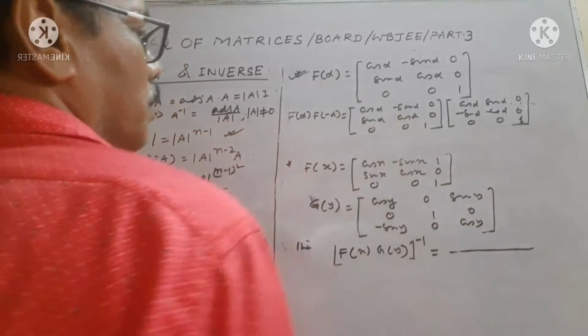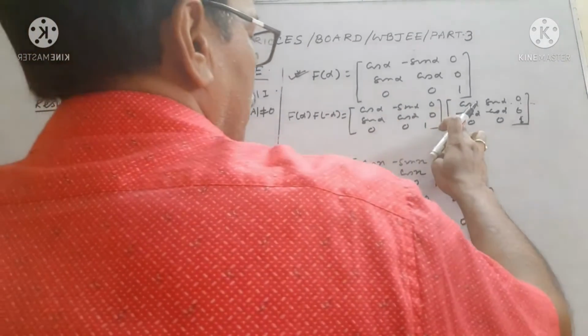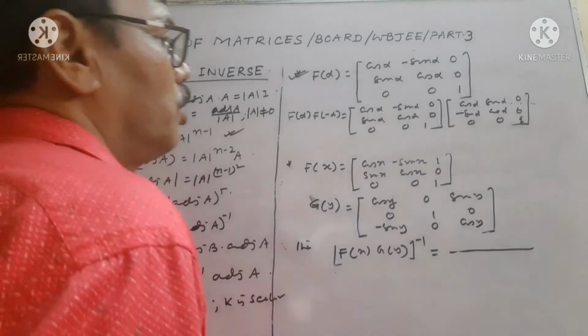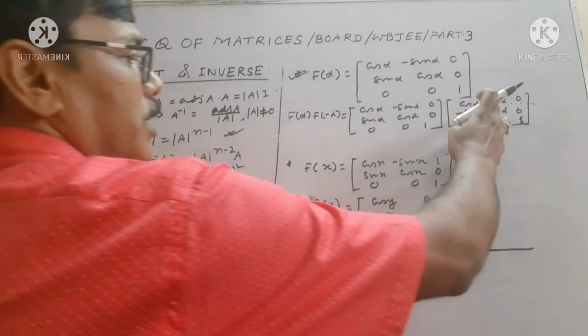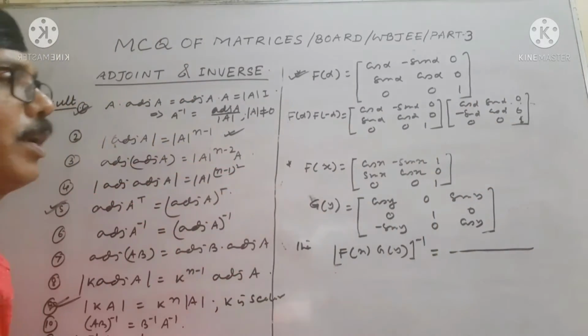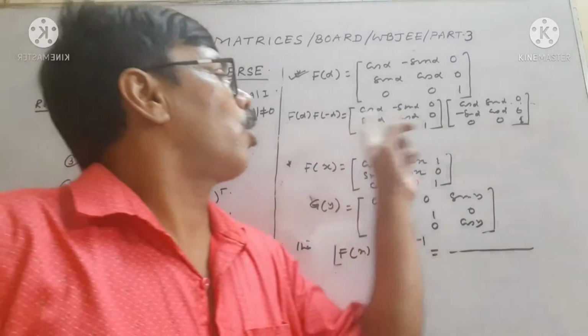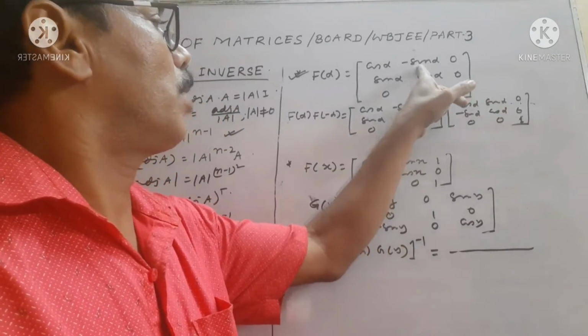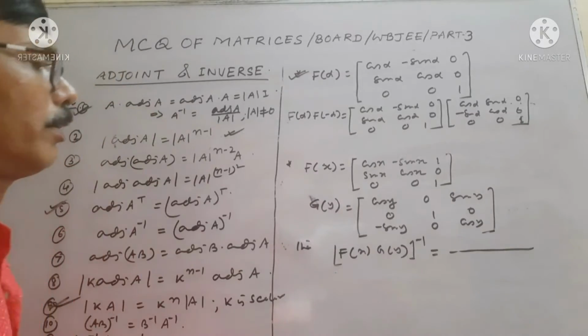So minus minus gives plus, and we get this entry as plus sin alpha and this as minus sin alpha, with cos alpha on the diagonal.